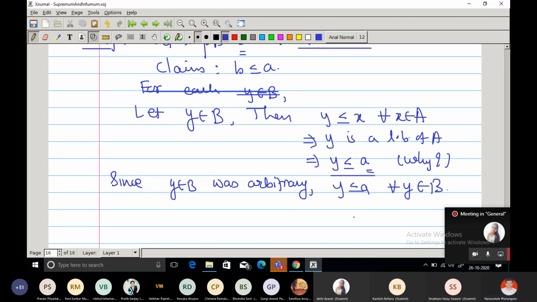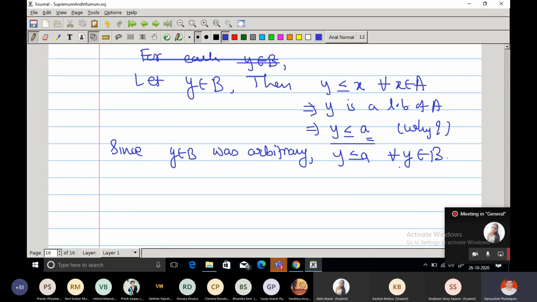Correct? Because I did not select y as a special y. I just put my hand inside B and found some element, and I came to the conclusion that y is less than or equal to this particular element a. No matter which y you select, every time the same thing is going to happen, and therefore every element of B is less than or equal to a.